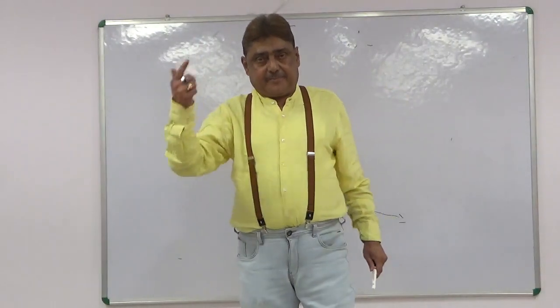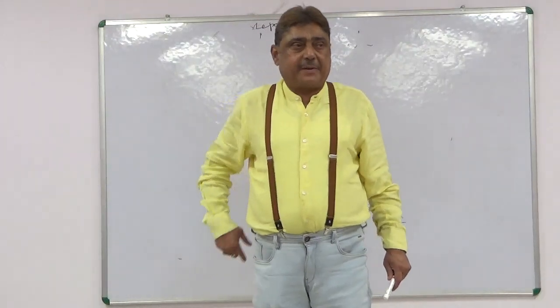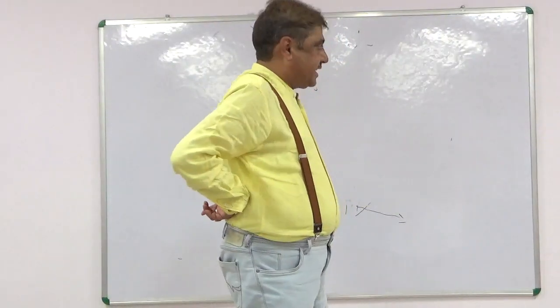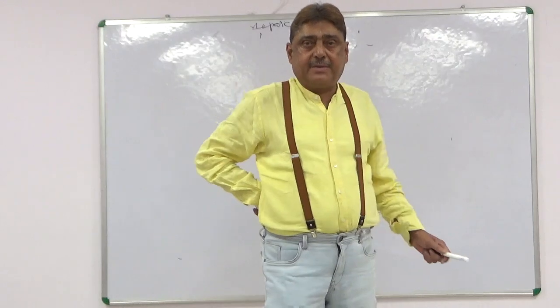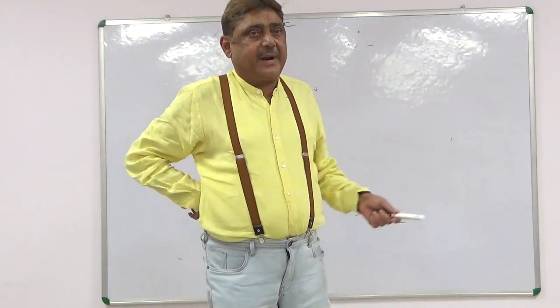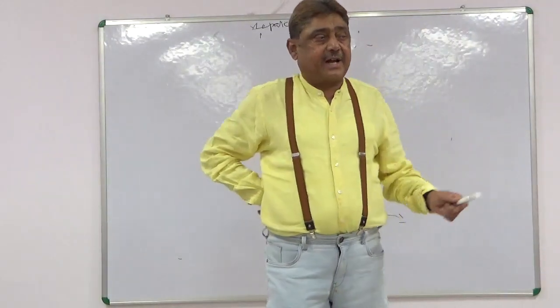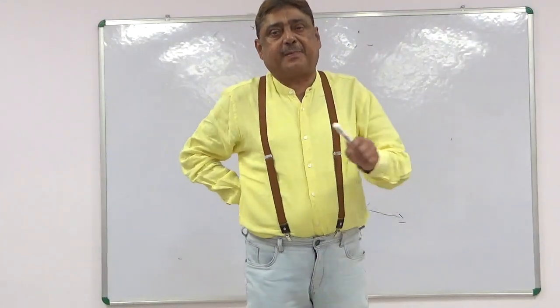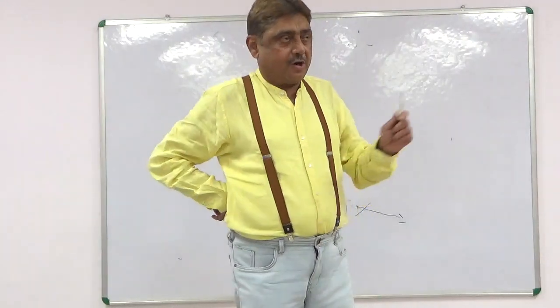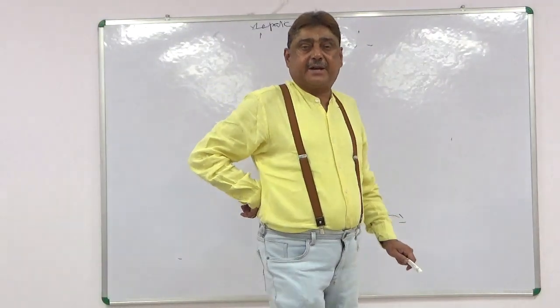It has a branch, the superior pancreatoduodenal artery, and the inferior pancreatoduodenal artery, which is a branch of the superior mesenteric artery. These two anastomose and supply the first part of the duodenum and the head of the pancreas.